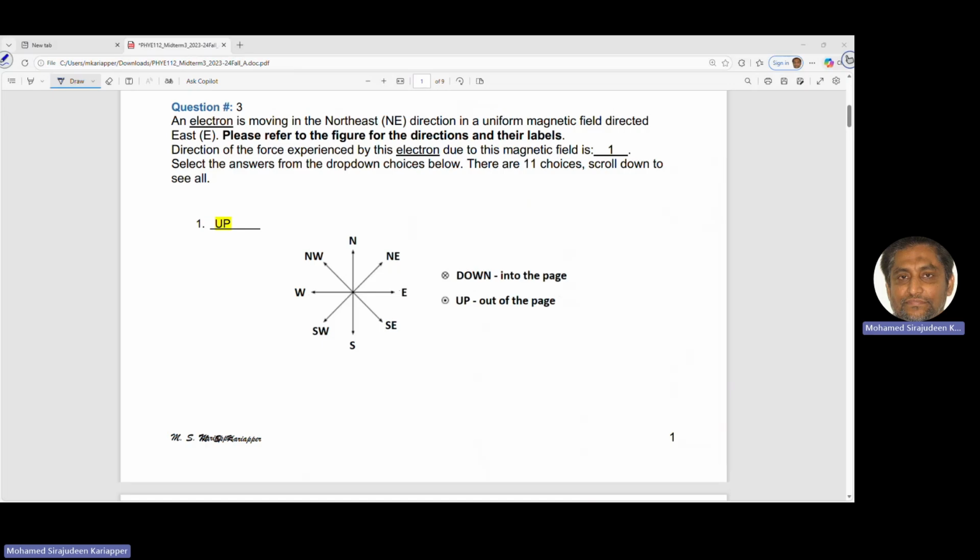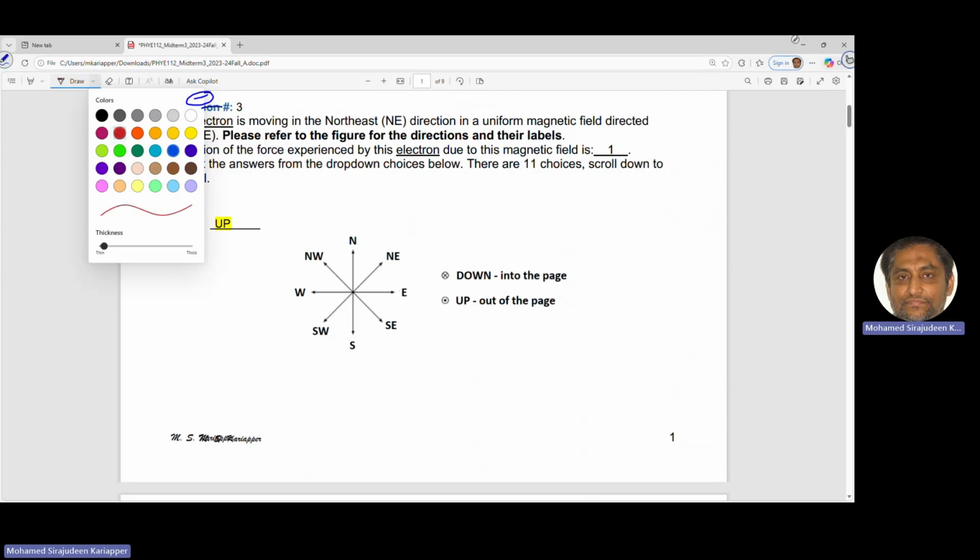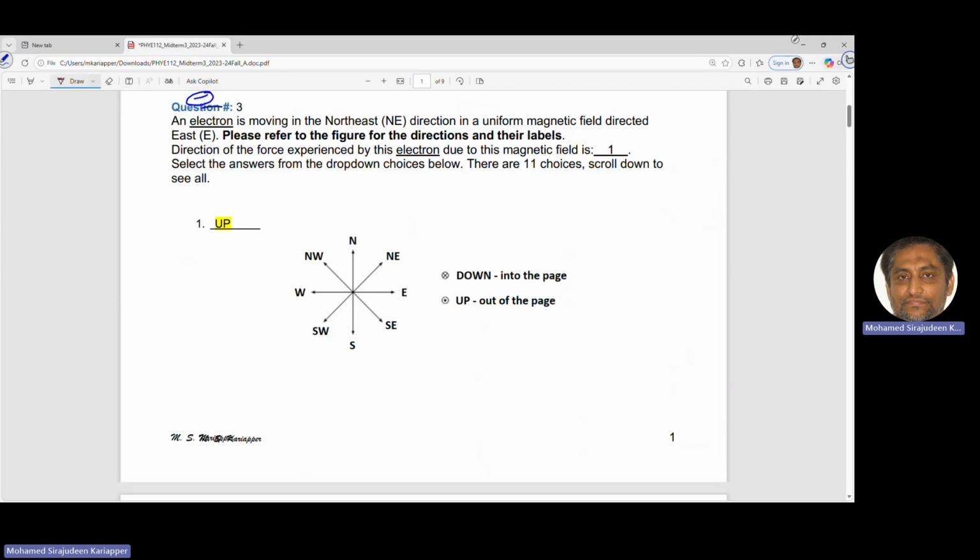An electron. Is an electron a negative charge or positive charge? It's negatively charged. It is moving, that means it has a velocity; let me use red for the velocity. It has a velocity in the northeast direction.